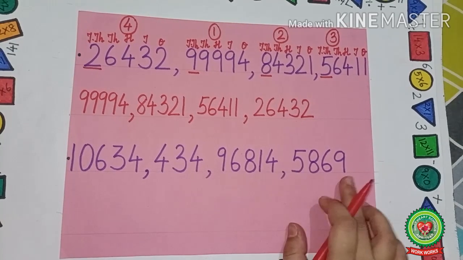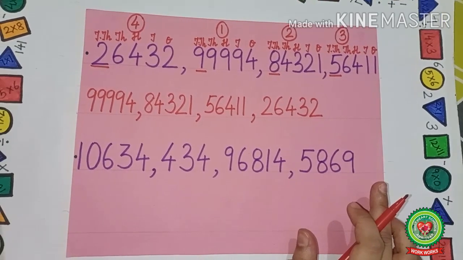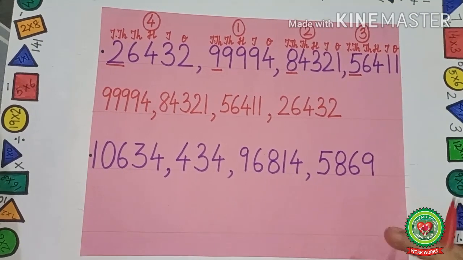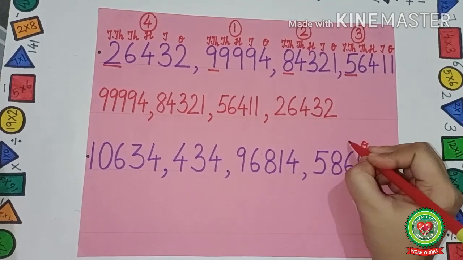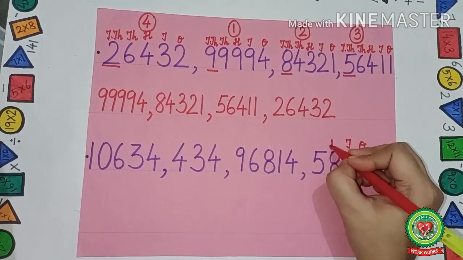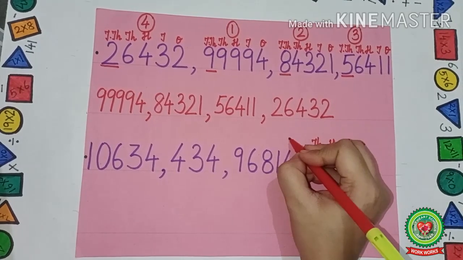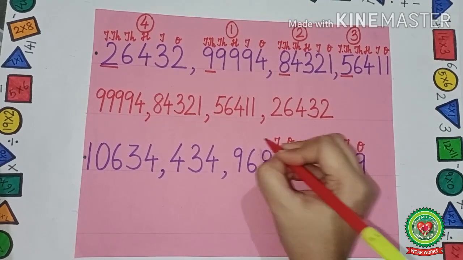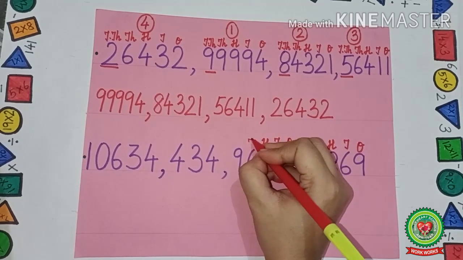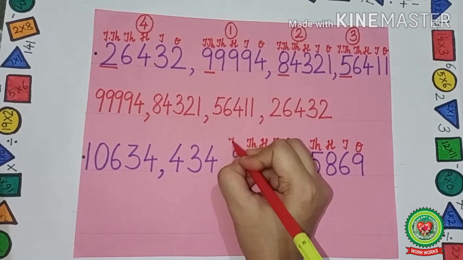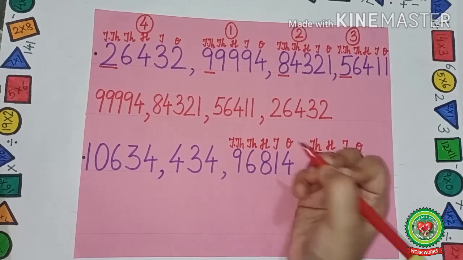Again 4 numbers are given to us. Again we will write the place value table first. That is ones, tens, hundreds, thousands. Again ones, tens, hundreds, thousands, and then 10,000s.